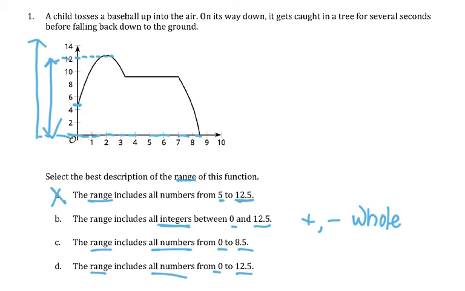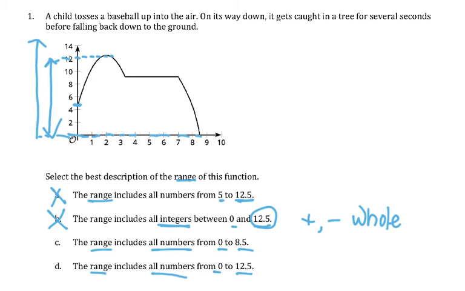The range includes all integers between 0 and 12.5. Well, right then, see that 12.5? That automatically tells you that I've got to include fractions. So it is not that one because it just says positive and negative numbers. Well, no, we've got to account for fractions too. The range includes all numbers from 0 to 8.5.